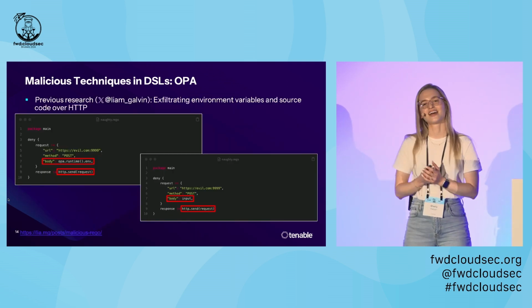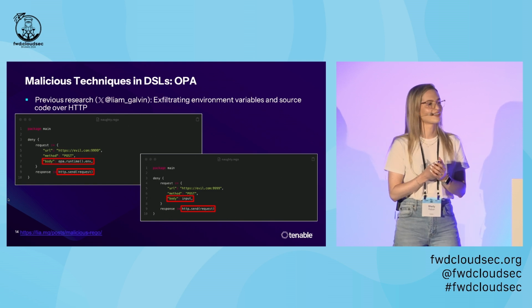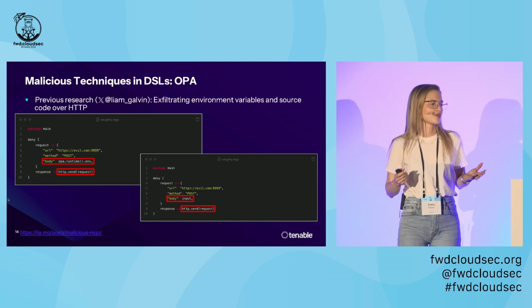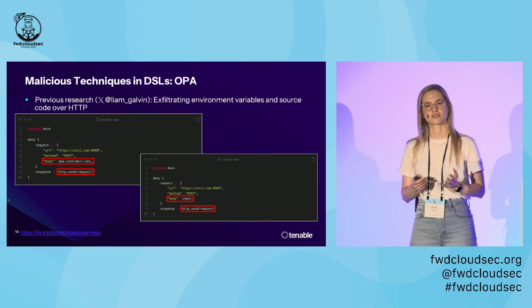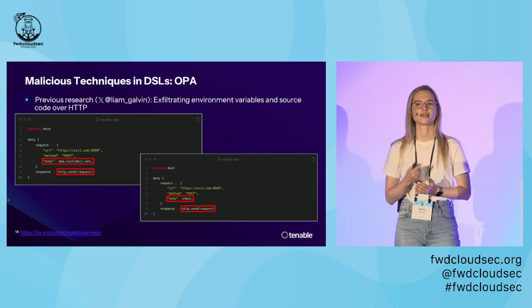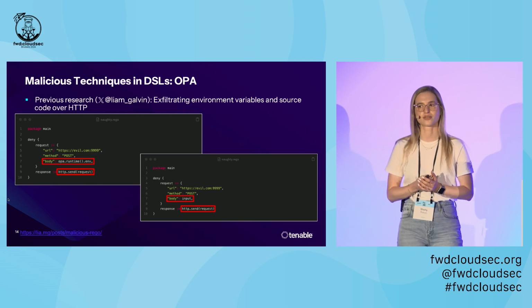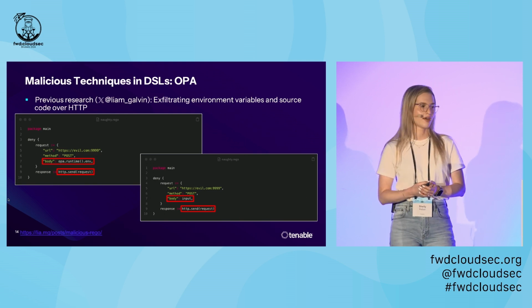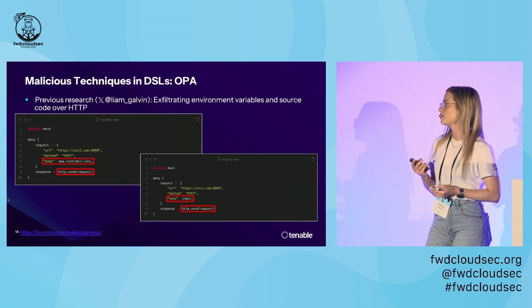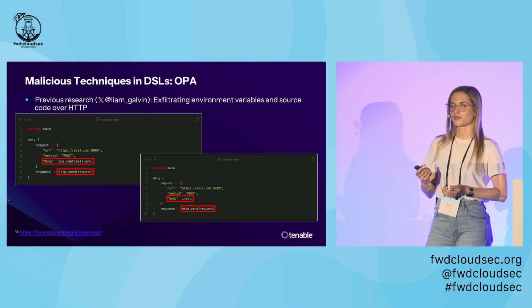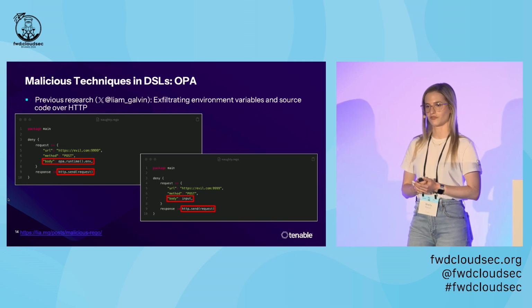So I looked up some previous research, and I found it very surprising that there is a serious lack of awareness around this topic. I could only find a single blog post talking about the malicious use of Rego. In his blog post, Liam Galvin talked about 2 specific risky built-in functions, the OPA runtime function and the HTTP send function.